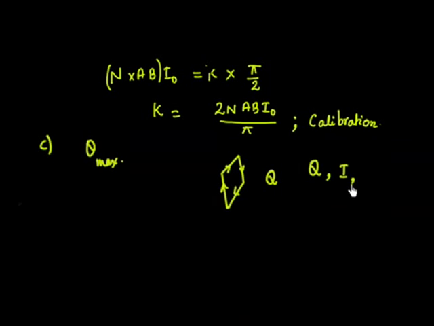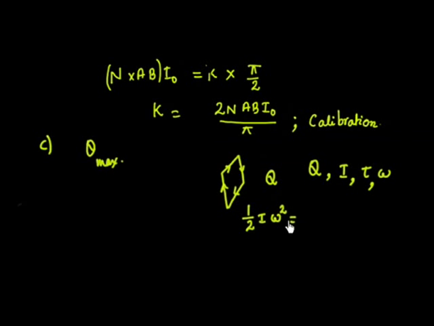If there is a torque, this loop will gain an angular velocity omega. If somehow I can calculate omega, things are easy, because if I know the initial omega, it will have a kinetic energy half I omega square, and this will finally be converted into the potential energy of a spring.